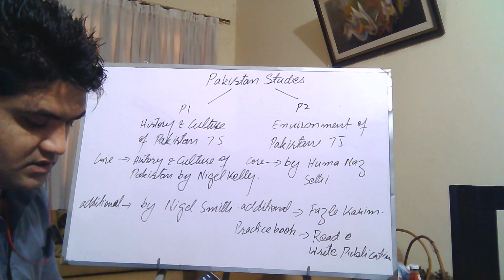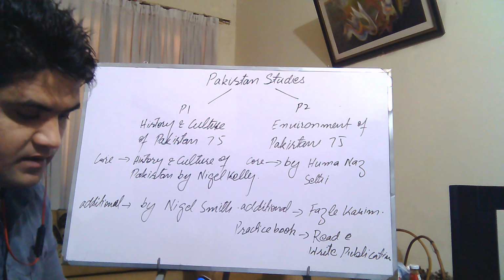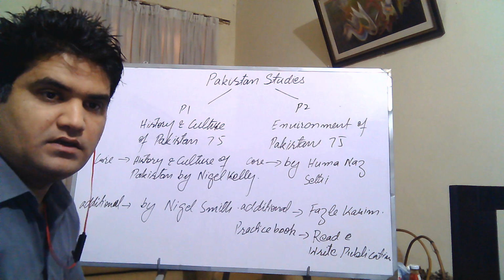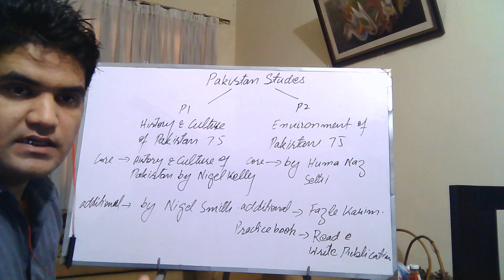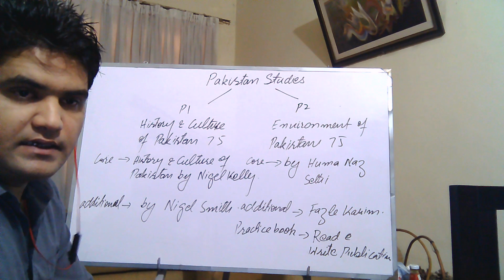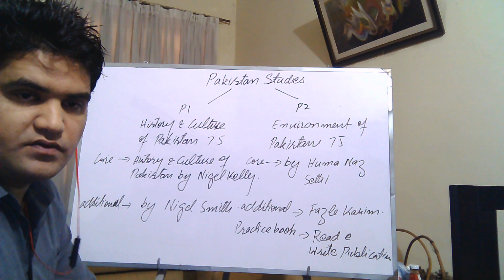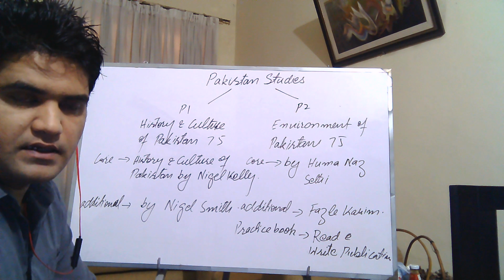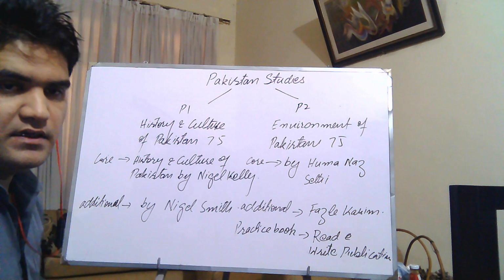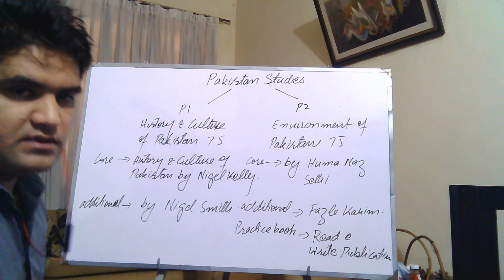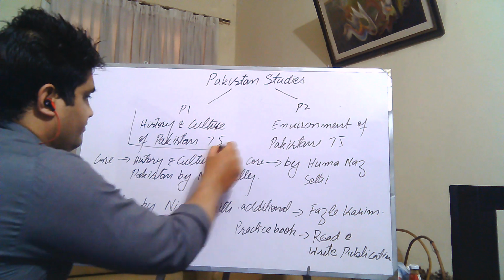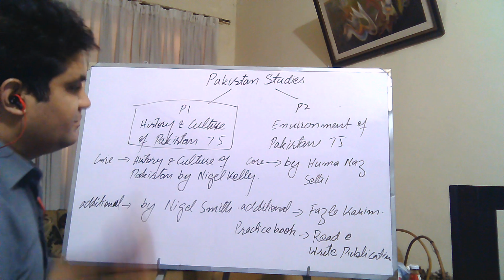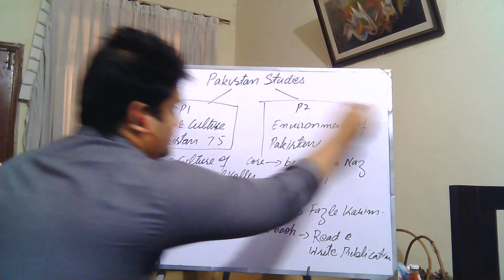Students, these pictures are quite blurred on my phone, so they will not be very clear to show you on this cam. Anyway, I can share these books if you contact me, or commonly these books are available in the market. Just make it clear that this is your paper 1, which is of 75 marks, and this is your paper 2.